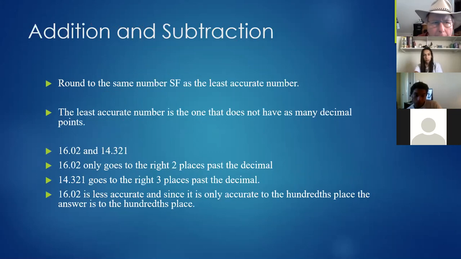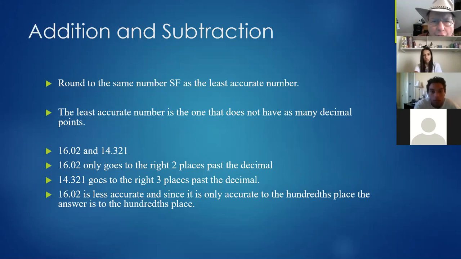Okay. Now, rules. You round when doing addition and subtraction. I round to the same number of significant figures as the least accurate number. By the least accurate number, I mean you look at the number and determine how far that number goes to the right.